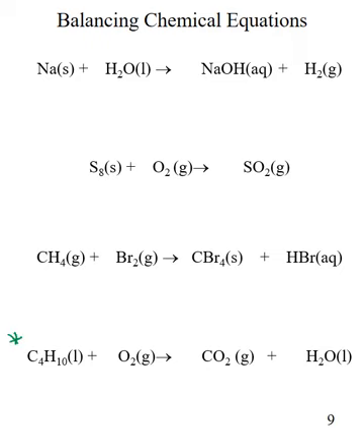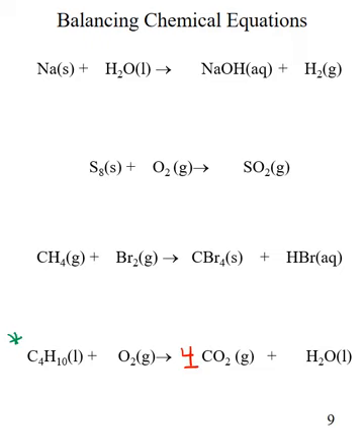For the last one, what is one thing that you would balance first? I would want you to balance carbon first because remember you leave oxygens and hydrogens for the very last. So on the left I have 4 carbons. On the right I only have 1. So that means I must put a 4 out in front to get 4 carbons.